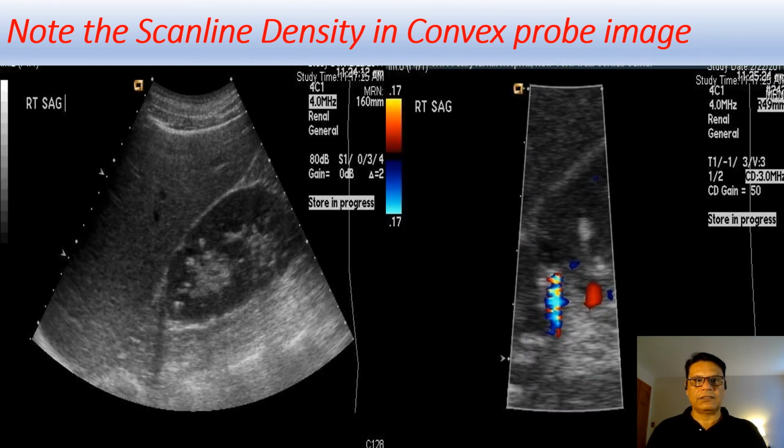Similarly, you can see this is the convex.